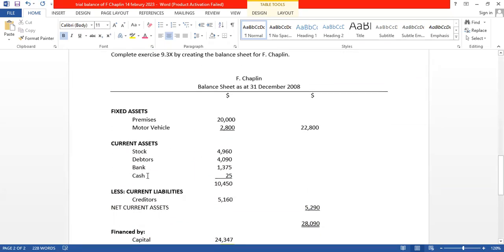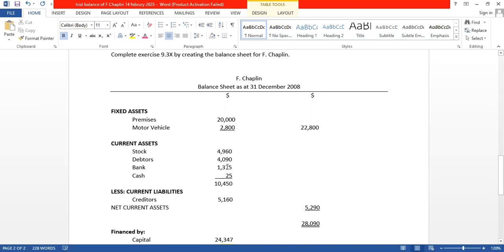The debtors, bank, and cash are also on the trial balance. And the debtors was $4,090, bank $1,375, and cash was $25. As we did with the fixed assets, when we found the sum of these two figures, we will do the same thing for these four figures.